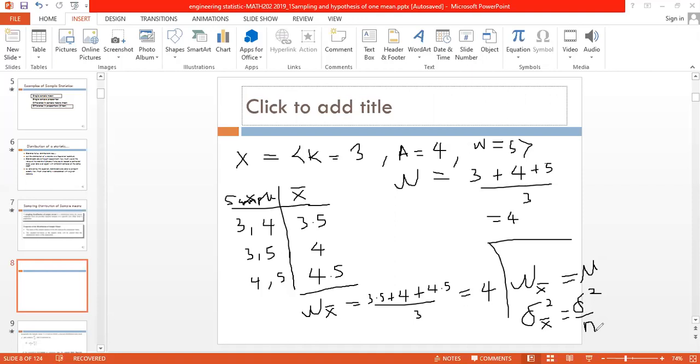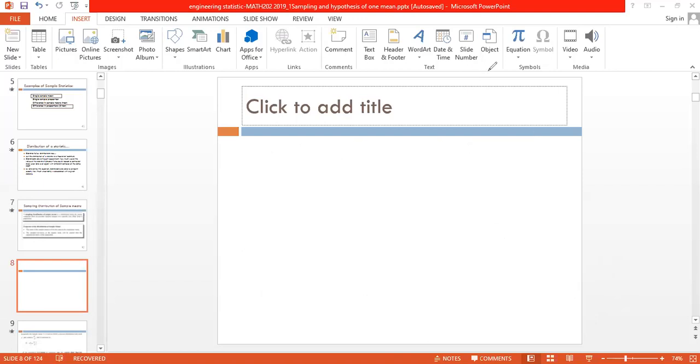That is why in the first case, it was sigma over the square root of N. So these are two very important properties of the sampling distribution we need to know. Good. If you have any questions, you can ask whilst we move along.